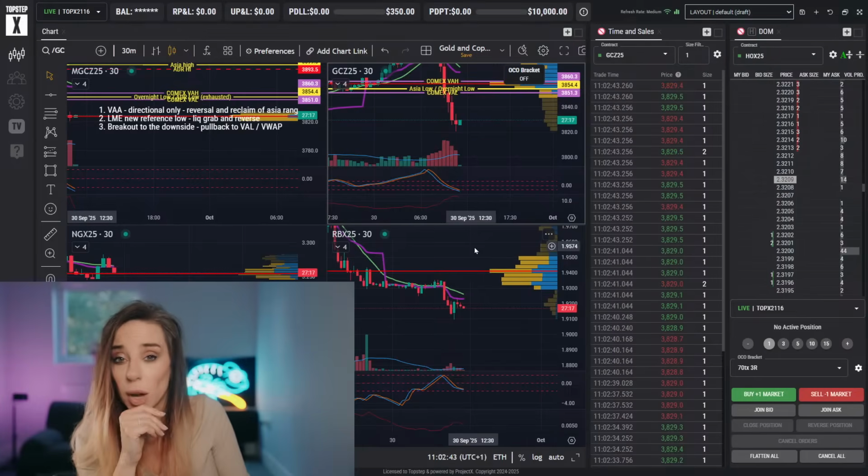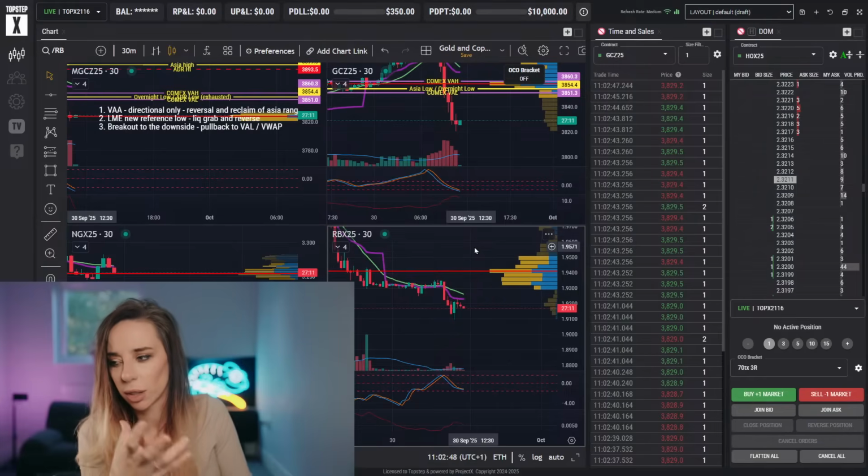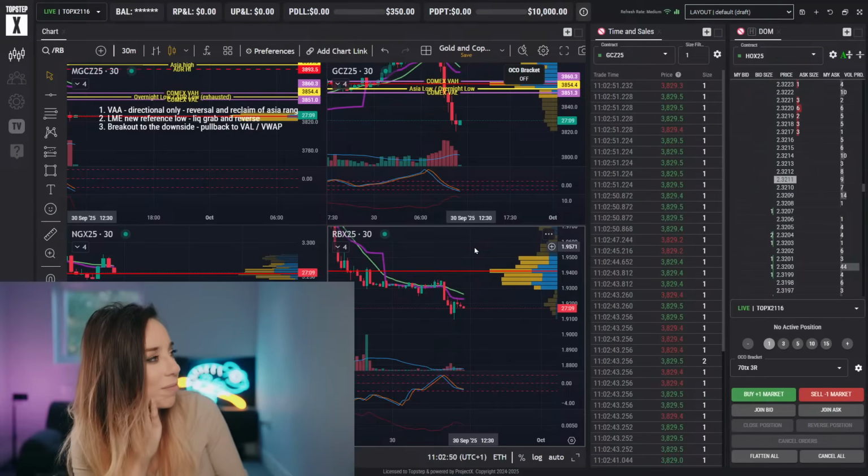But yeah, that's where on prop accounts you can be a little bit more risky. But some people, my risky and their risky, I found that it's quite different.